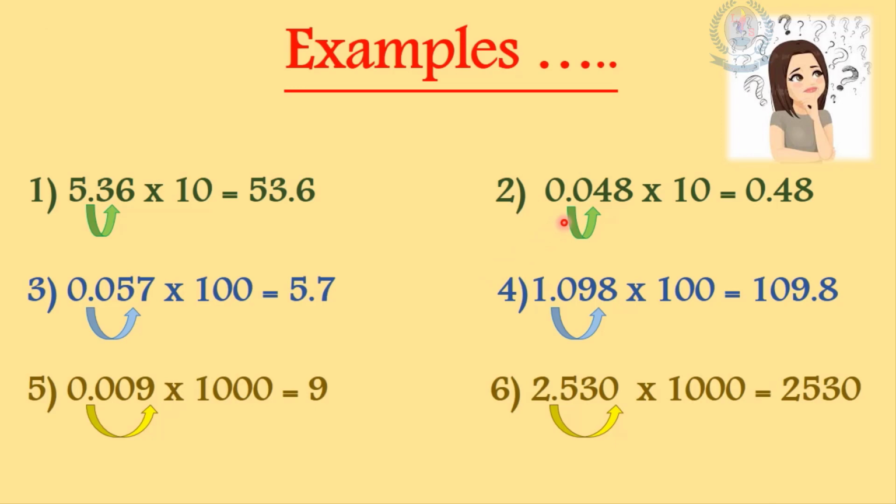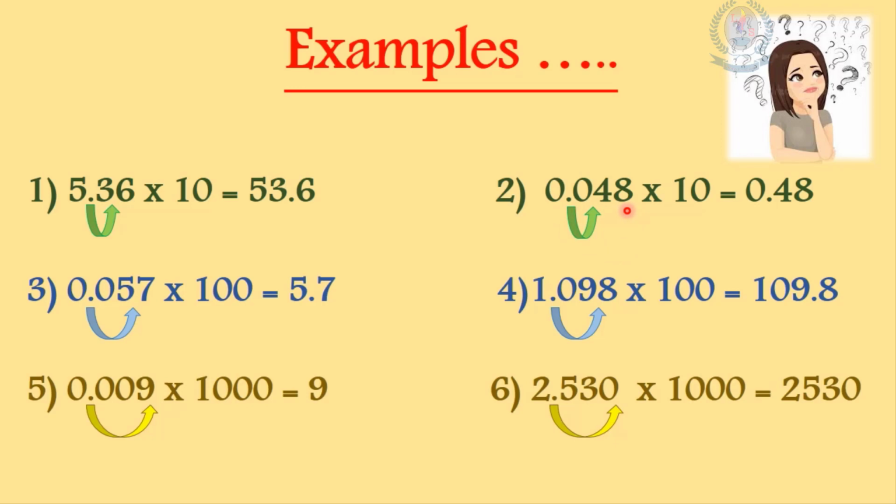Then second example. Here we have 0.048 times 10. Here also we have to multiply this decimal by 10. Since 10 has only one zero, we have to take the decimal place to right hand side by one digit.